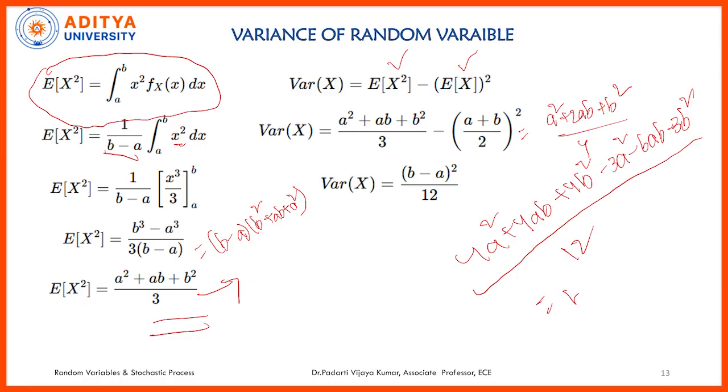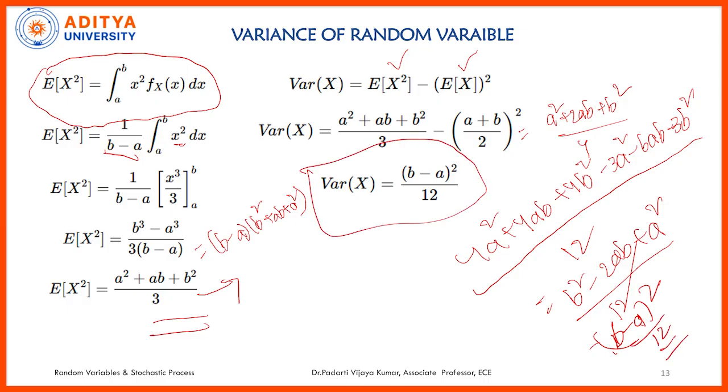So finally we will get (b square minus 2ab plus a square) by 12. So this is mathematically equal to (b minus a) whole square by 12. So the variance of a uniform random variable is (b minus a) whole square by 12, whereas expectation is (a plus b) by 2.